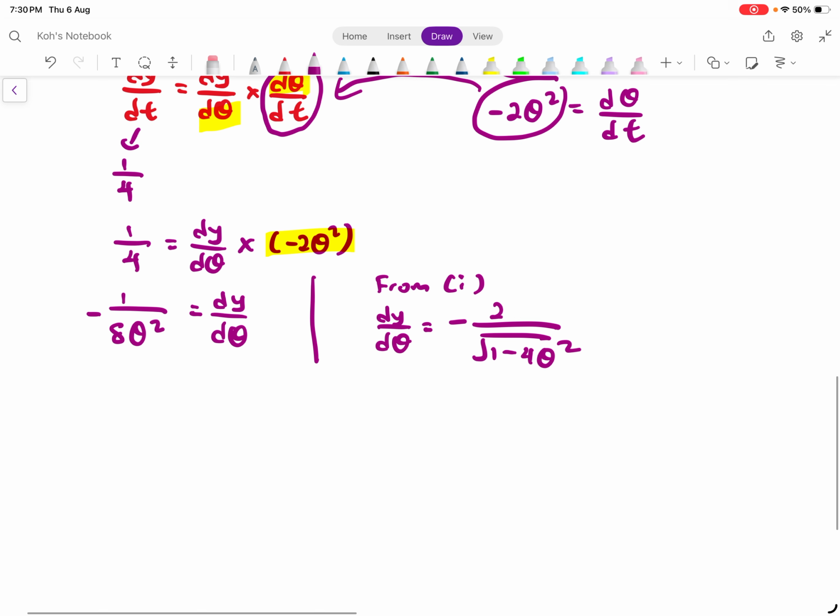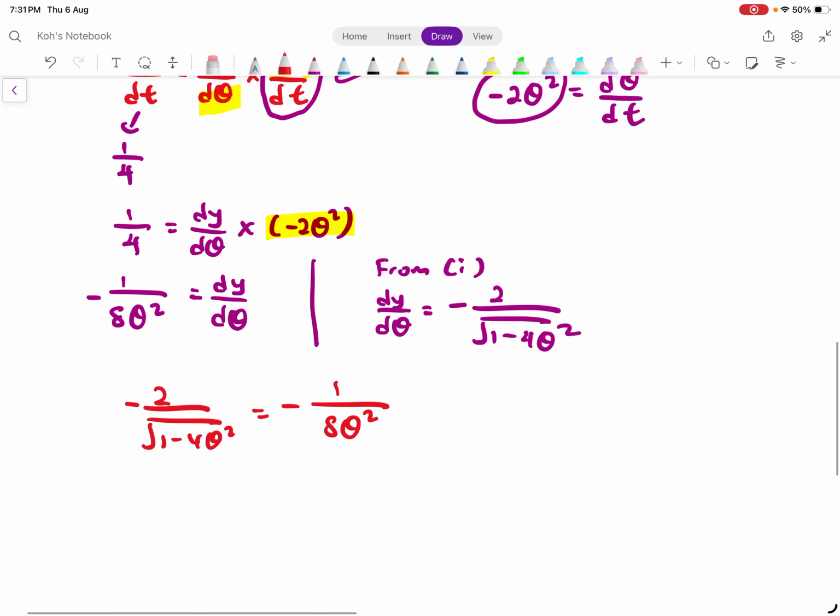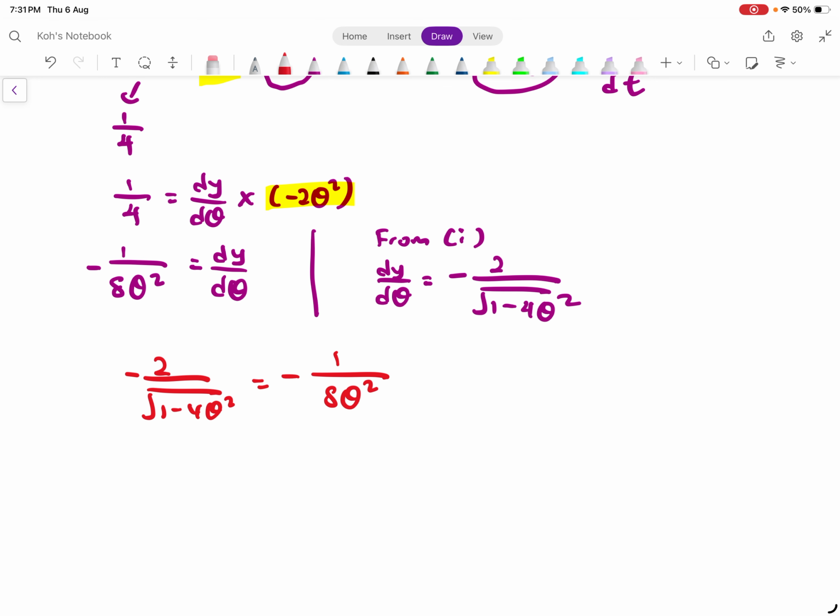Then I equate them together, so minus 2 over root 1 minus 4 theta square is equal to negative 1 over 8 theta square. Then do a bit of cross multiply, and this will give you 16 theta square is equal to square root of 1 minus 4 theta square.